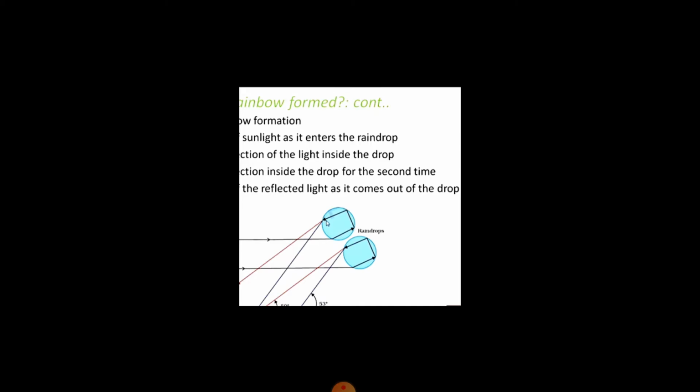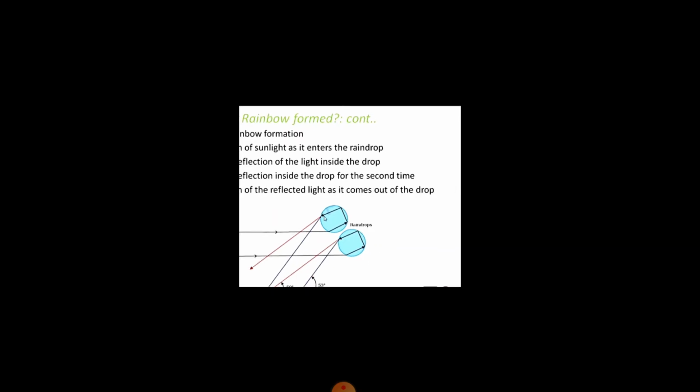Somewhere internal reflection takes place only once, but somewhere it takes place twice. However, the rainbow you see remains the same. There's no difference in the view of the primary rainbow and the secondary rainbow. It's just that in the formation of the secondary rainbow, internal reflection inside the raindrop takes place twice, so it's known as the secondary rainbow.